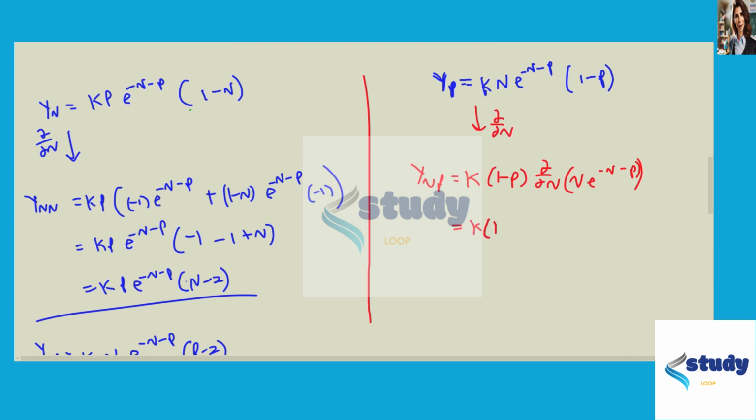And that should give us 1, so e to the negative n minus p, and then plus n e to the negative n minus p times negative 1. So again, factor that out, and that would give us k(1 minus p), and then e to the negative n minus p, (1 minus n). Okay, so that's our mixed partial.